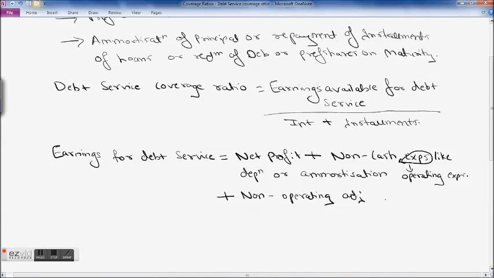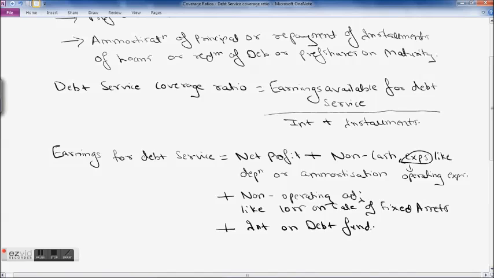So we will make some adjustments which are of non-operating nature so as to get an operating profit, like loss on sale of fixed assets, plus your interest on debt fund.